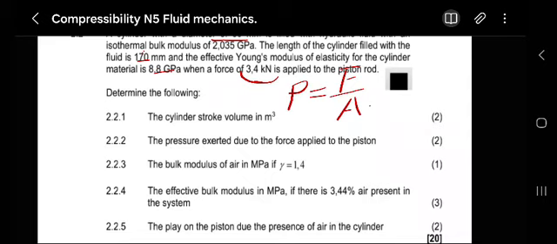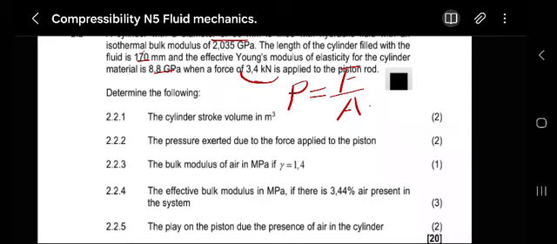Now 2.2.4, the effective bulk modulus in megapascal if there is 3.44% air present in the cylinder. I hope, guys, if you don't understand this, go check the playlist N5 fluid mechanics. Check that playlist there. You will find the video titled compressibility. There's one where I've solved the problem.